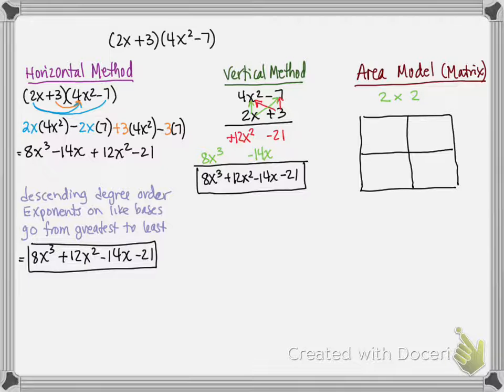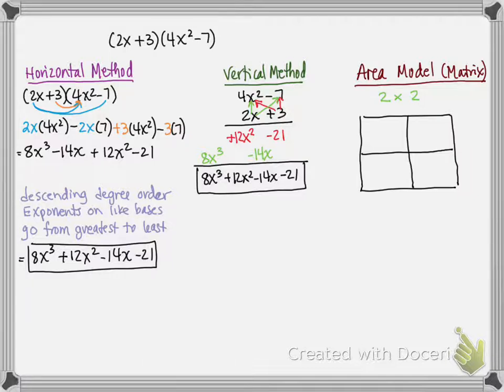Now I'm going to take my polynomials, so in this case binomials, and I'm going to write one polynomial on the left side, on the outside of the box, and then the other polynomial on the top, outside the box. So it doesn't matter who goes where. Honestly, does not matter.